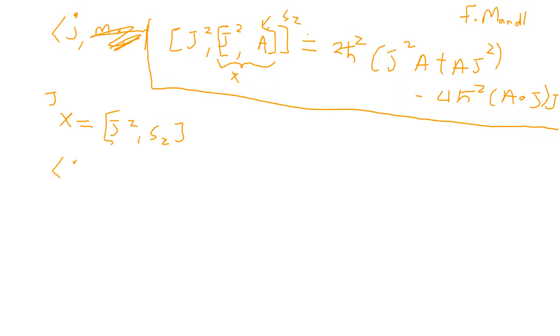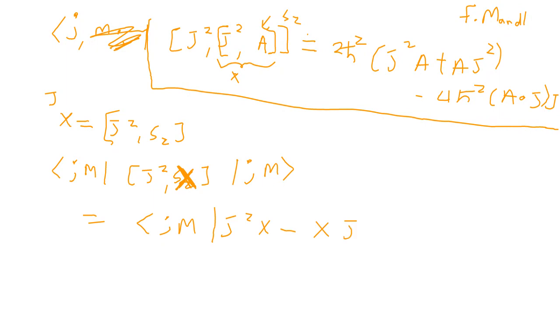Then you look at the overlap, say Jm, J squared as Z, not with X, let's start with X, where X is given by that, and then you have Jm. So this will give you Jm J squared. Everyone agrees this is just a commutator, so it gives you J squared X minus X J squared Jm.